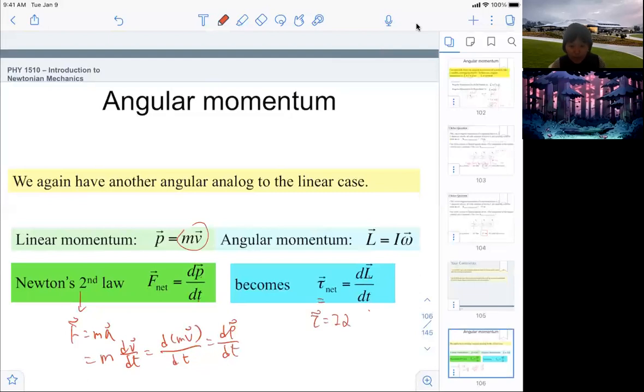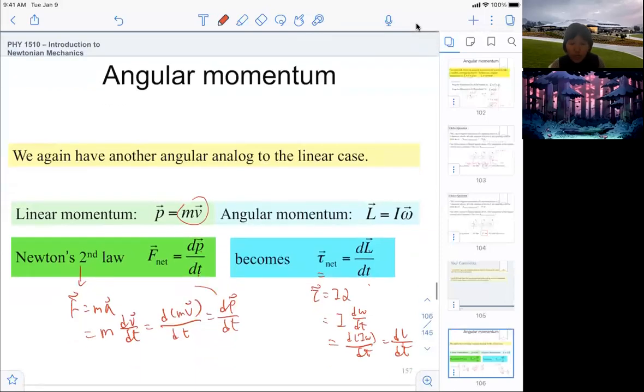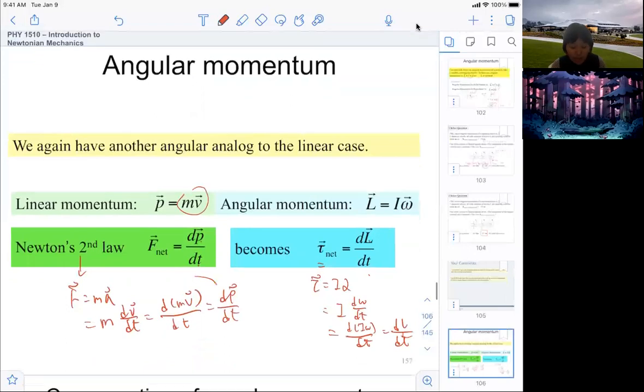You can see alpha is d omega over dt, and if you put I together with omega, I omega is L, so it's dL over dt. The rate of change of your angular momentum is the torque, just like the rate of change of your linear momentum is your force. So we did exactly the same mapping as we did before.